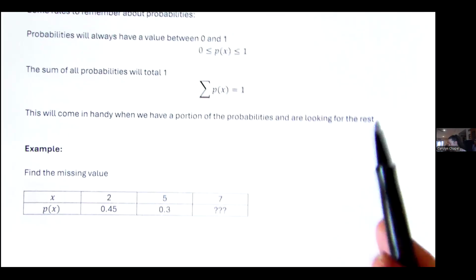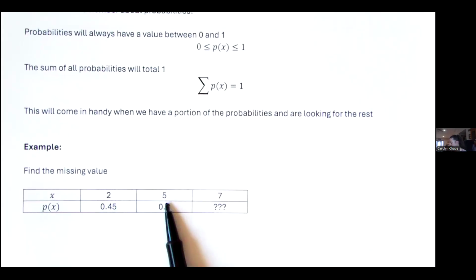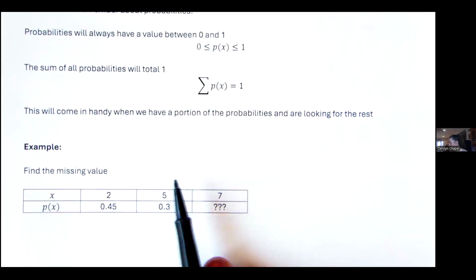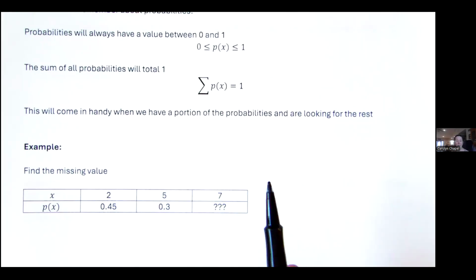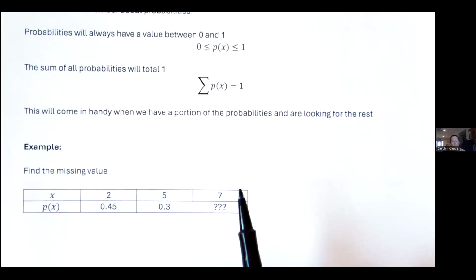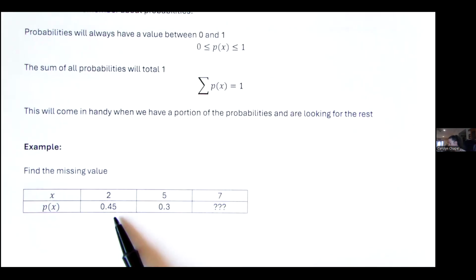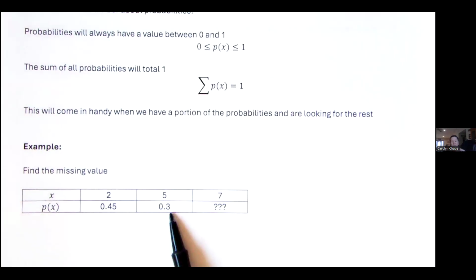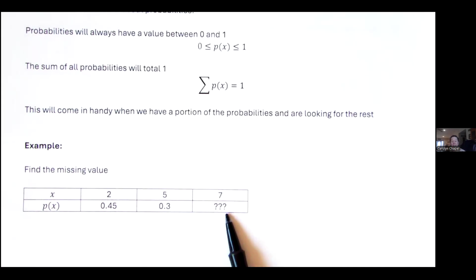Suppose here were my possible X values. I don't know what they represent, 2, 5, and 7. Maybe that's the amount you can win in a certain game. The probability for getting a 2 would be 0.45. Probability of getting a 5 is 0.3, but we don't know the probability of getting that 7.